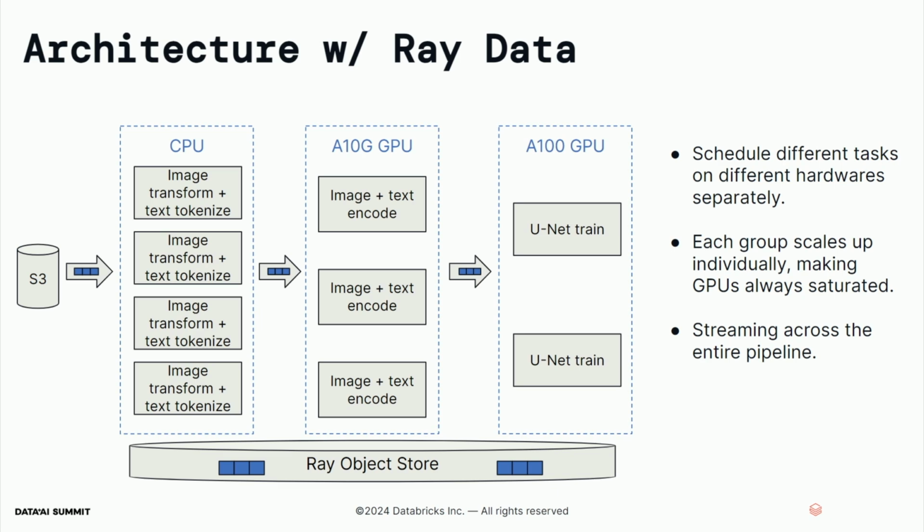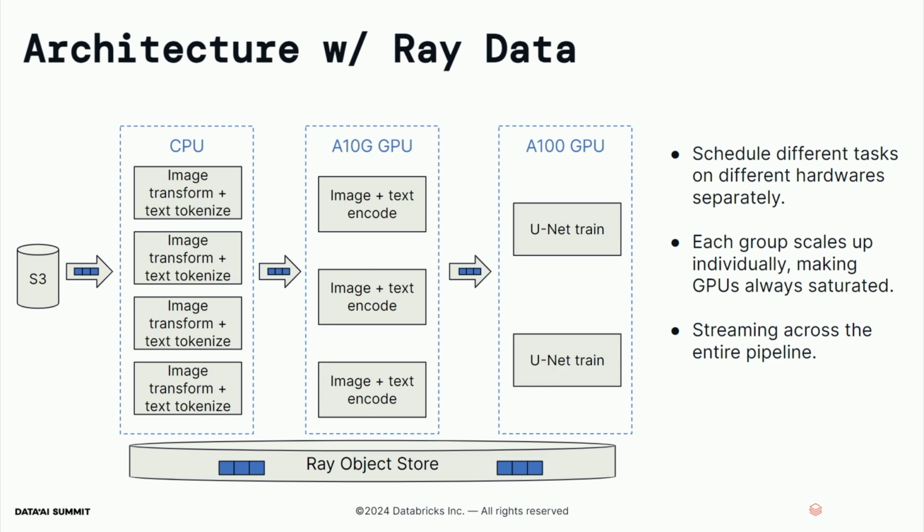Okay, so this diagram captures the overall architecture of using Ray Data for the online data pipeline. You can see we have three groups of tasks here. For the image transform and text tokenize, they only need a CPU, so we schedule them to CPUs. For the encodings, we schedule them to A10G GPUs.